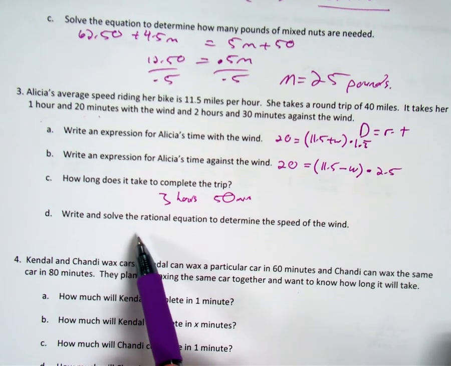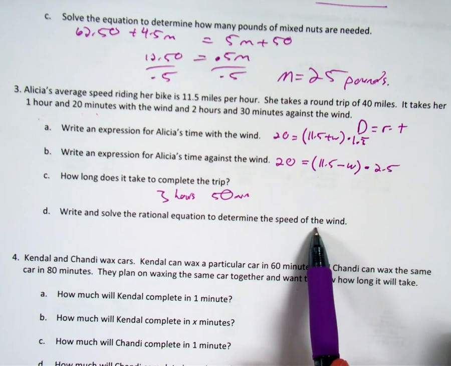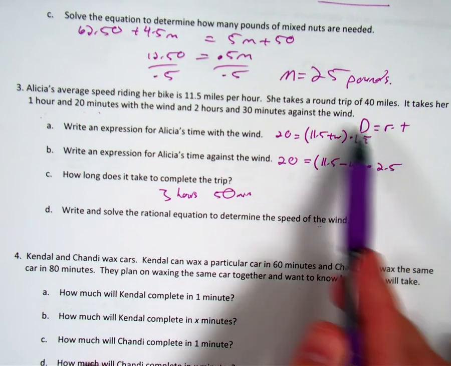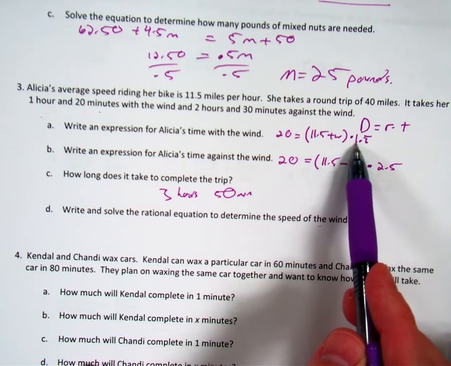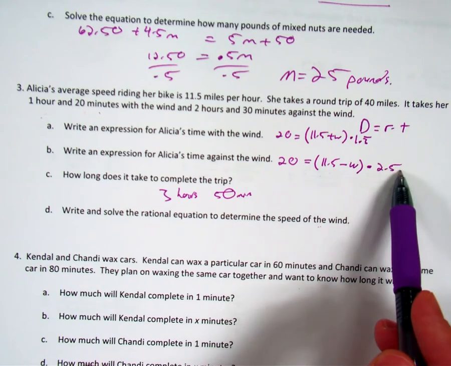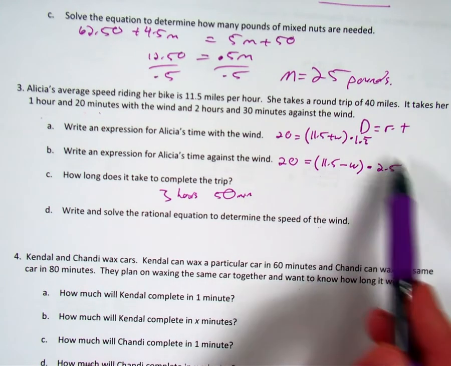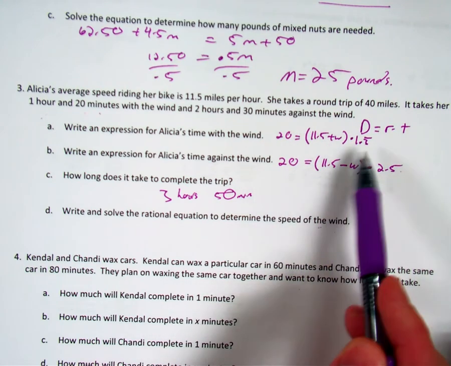Okay, write a rational expression to solve for the W. Okay, so look at these two equations that we wrote up here. 20 equals 11.5 plus W times 1.3 repeating. 20 equals 11.5 minus W times 2.5. Both of these equations are equal to 20.